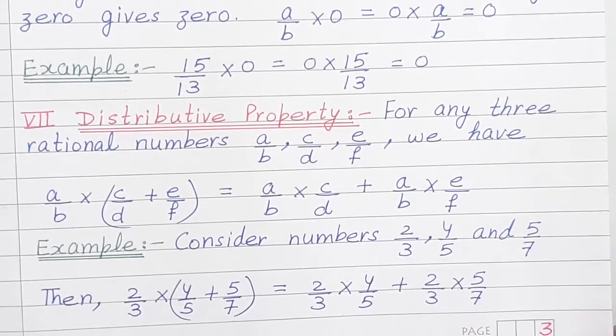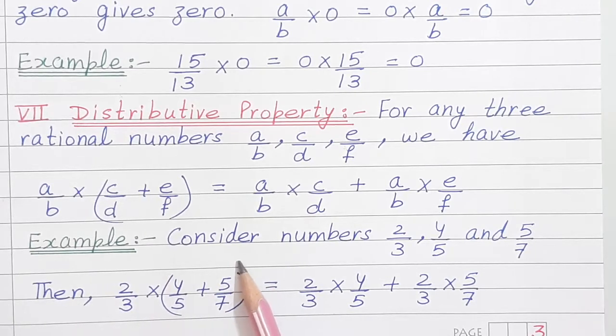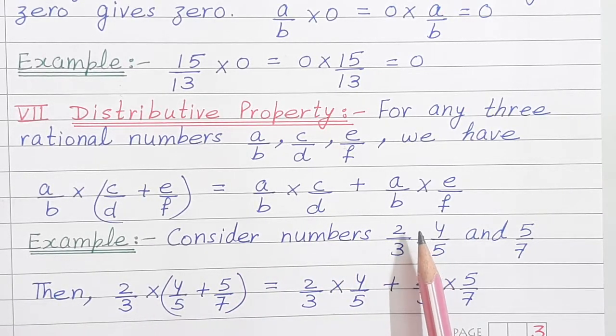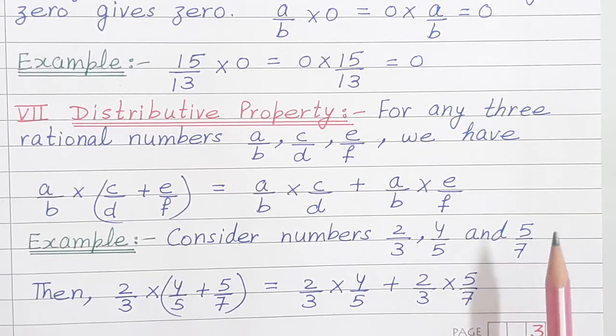Now let us consider an example. So the example is, consider numbers 2 upon 3, 4 upon 5 and 5 upon 7.